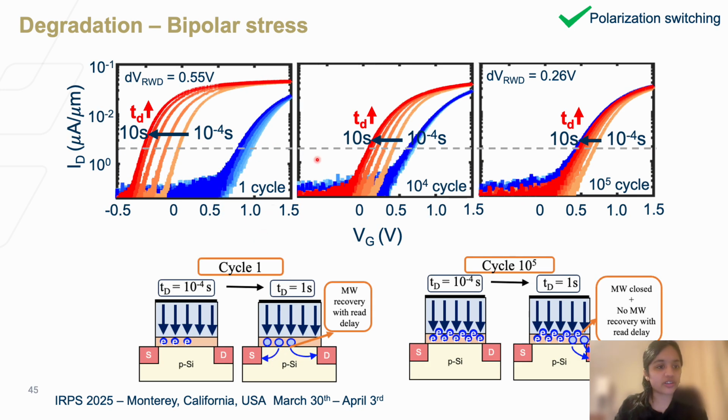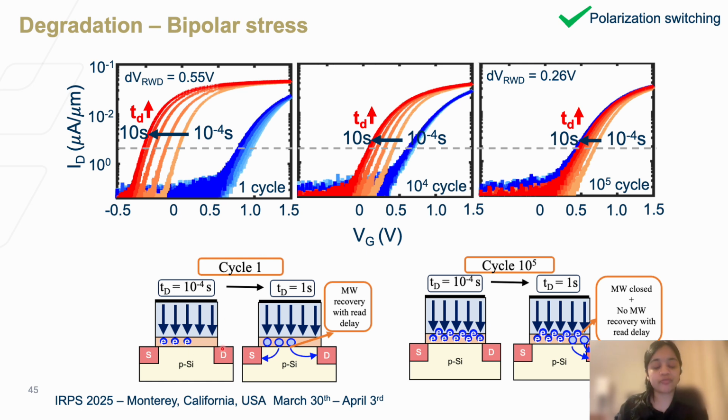So here's all of those results put together. Initially, we had a 0.55 volt recovery in the memory window as we increase the read delay, but as we cycle the device, this recovery has reduced. So there are two things happening here. One is that the LVT has significantly shifted upon application of bipolar stress pulses, but along with that, the recovery of memory window with read delay has reduced.